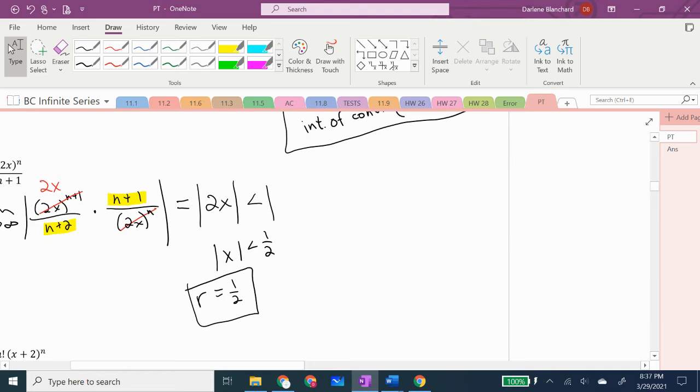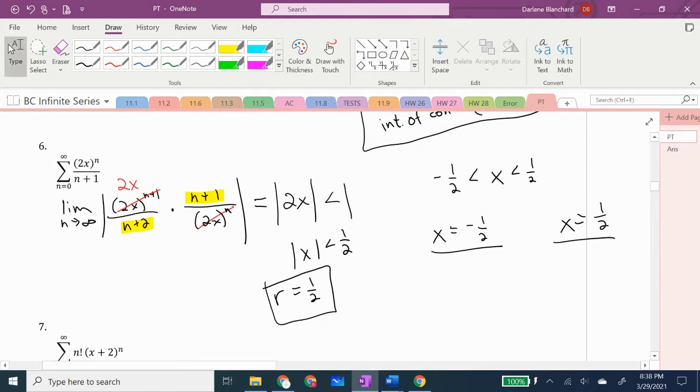Then, if I rewrite that inequality between the positive and the negative, I can see what my endpoints are that need to be checked. I need to check x equals negative 1/2, and I need to check x equals positive 1/2 by plugging them into the x in the sigma.